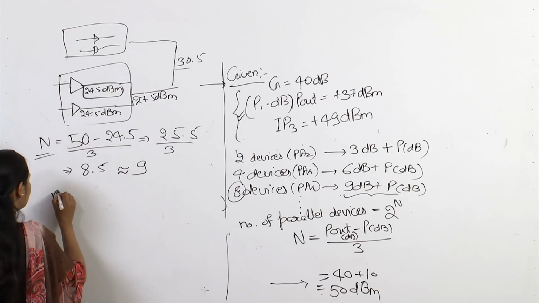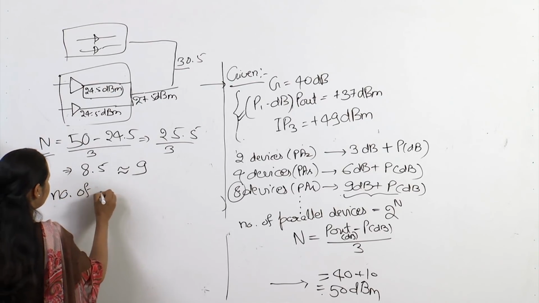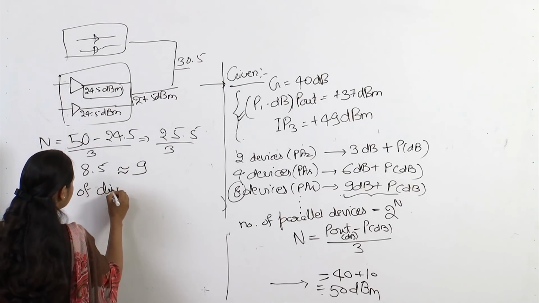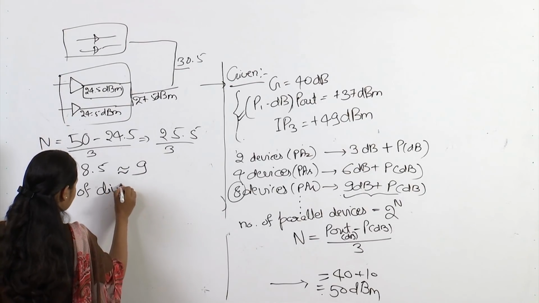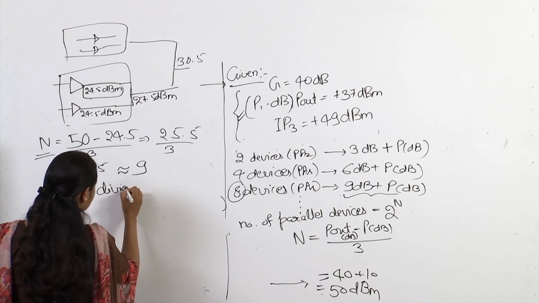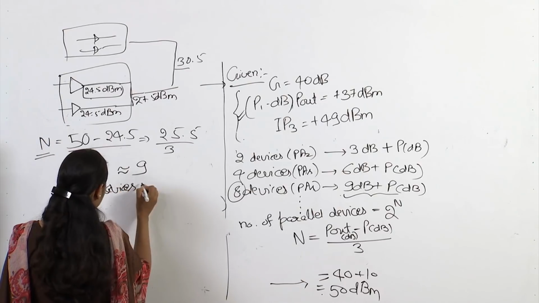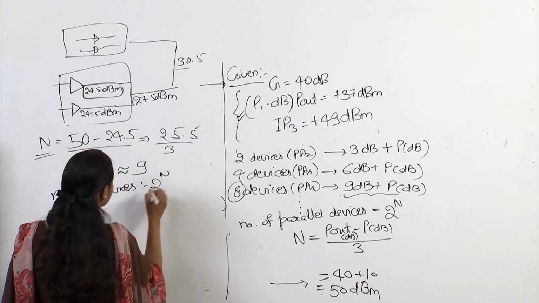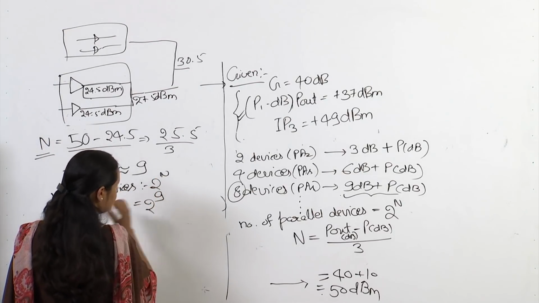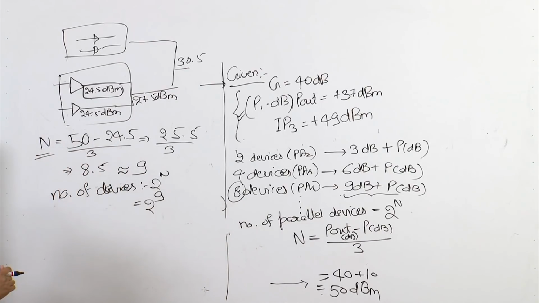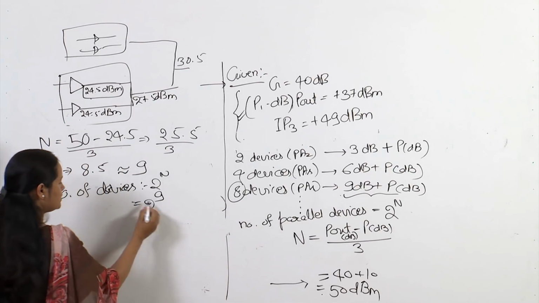So, the number of devices will be actually 2 to the power n. So, 2 to the power 9. So, it is quite a high number here, right.